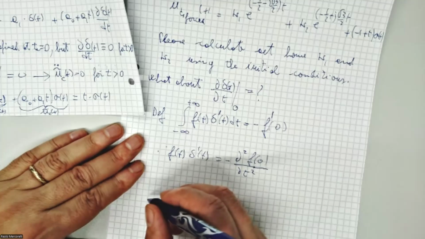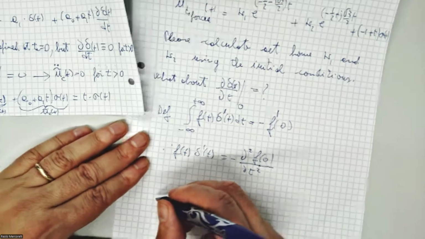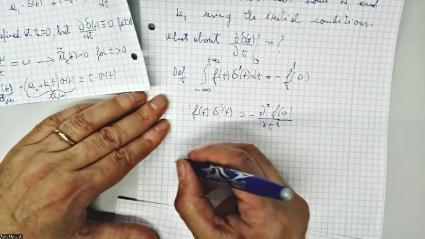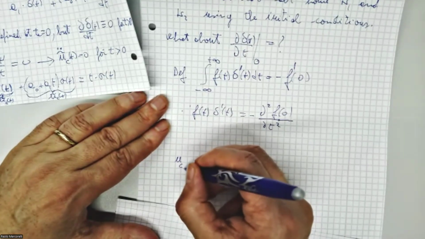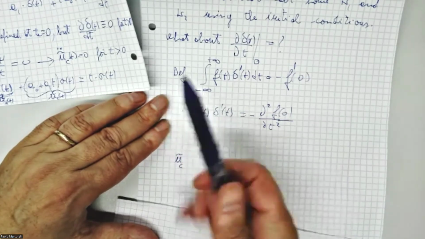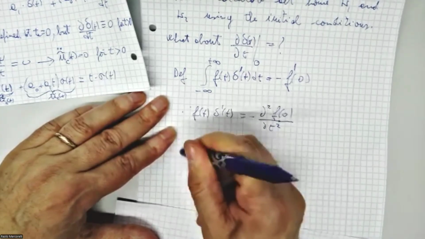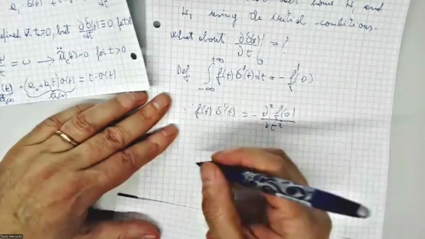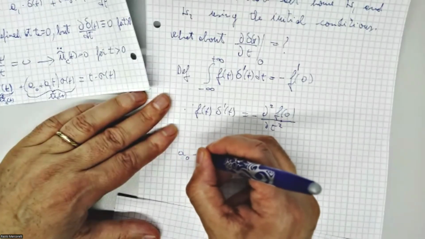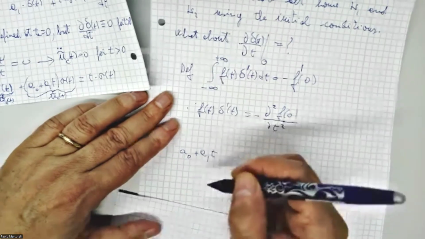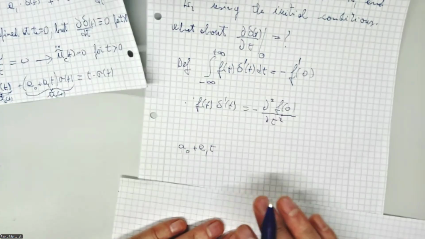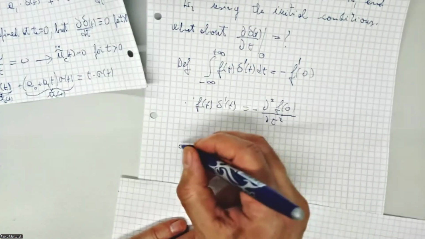We had this problem. We have A0 plus A1t, exactly.